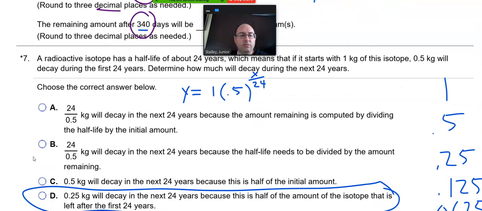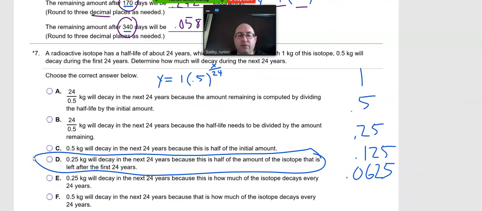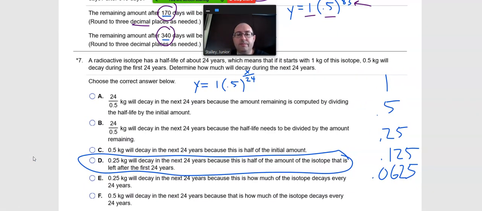Okay, question 7 is the last one here. A radioactive isotope has a half-life of 24 years. Okay, that means it starts with 1, and then it goes down by a half every 24 years. So after the first 24 years, it's down to 0.5. After the next 24 years, it's down to 0.25. So you can see that I'm not dropping the same amount.